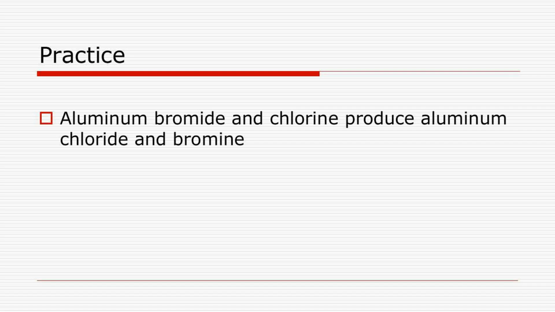All right, so let's do this one real quick. So aluminum bromide and chlorine produce aluminum chloride and bromine. Go ahead, write what you think the skeleton equation is and try to balance it.